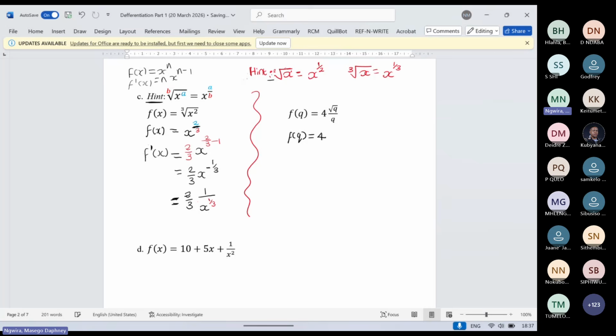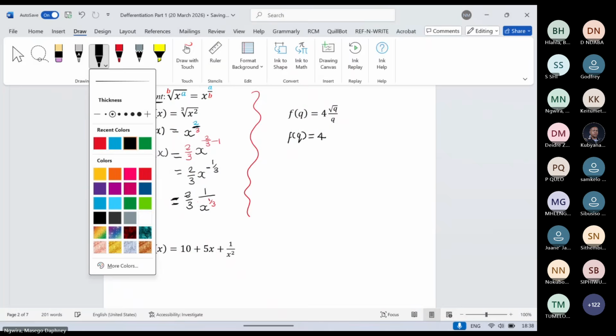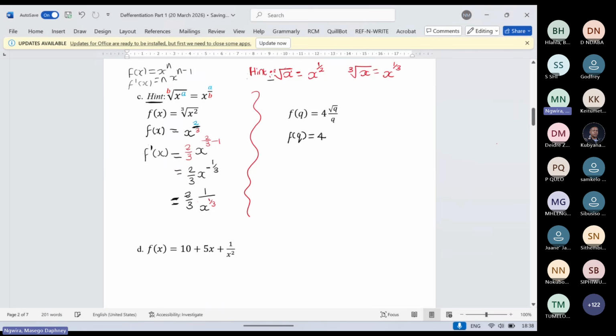This root is going to be q to the power of 1/3. How did I get this q to the power of 1/3? It's this cube root of q. It's a square root of q, not a cube root, sorry. It's this hint that I showed you. Here's the hint. So it means that when I change this, I am going to have q to the power of 1/2, and then over q.